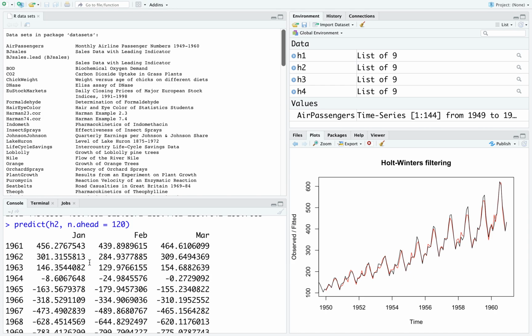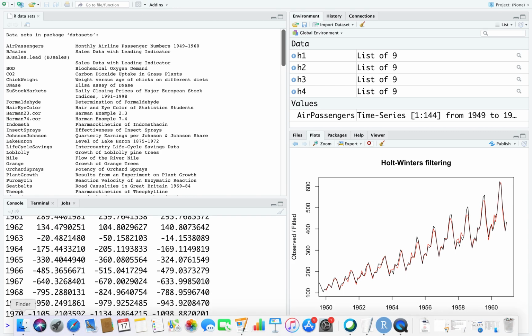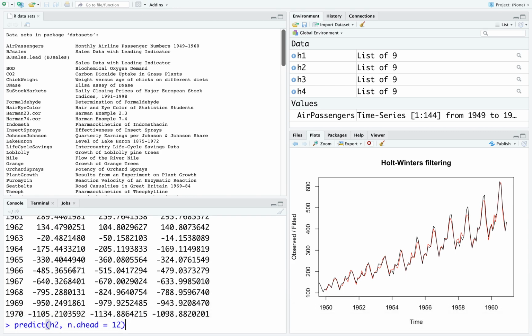Right. You might also wonder what happens if I use some extreme values for the alpha, beta and gamma. So, let us go back to our original H1 model.